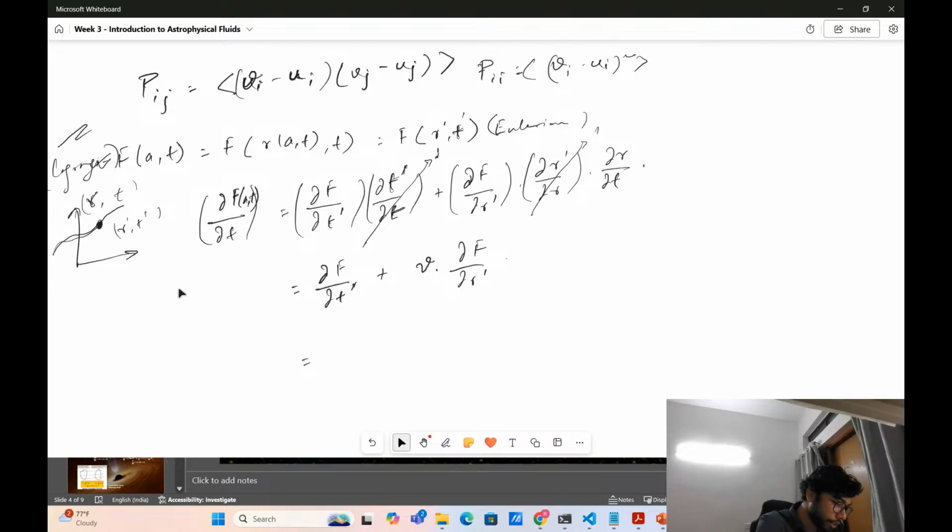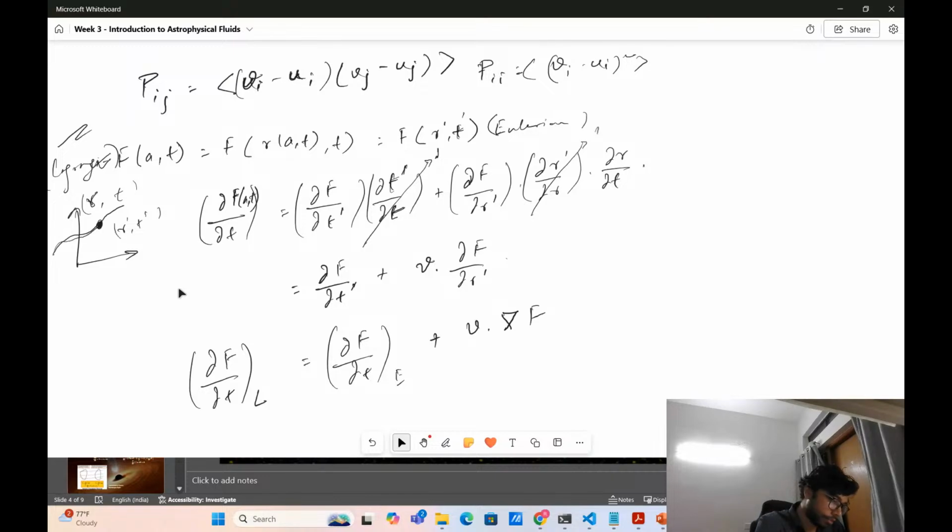So from here you can get del f del t in the Lagrangian frame is equal to del f del t in the Eulerian frame plus v dot del f del r. So del f del r in general, we can write it as v dot del f.